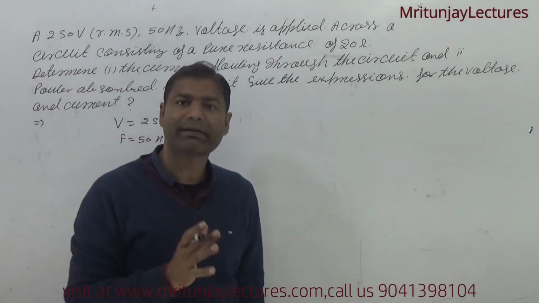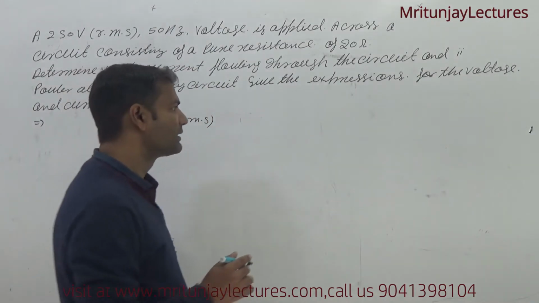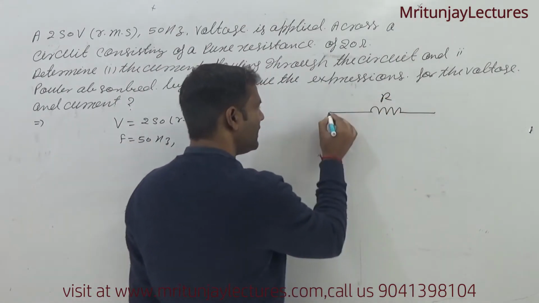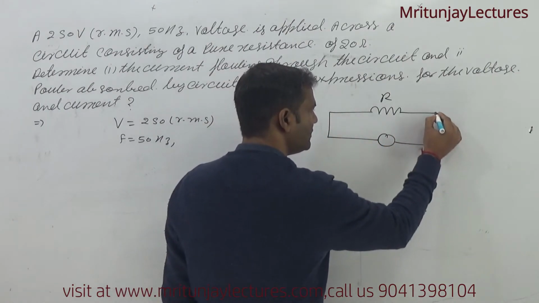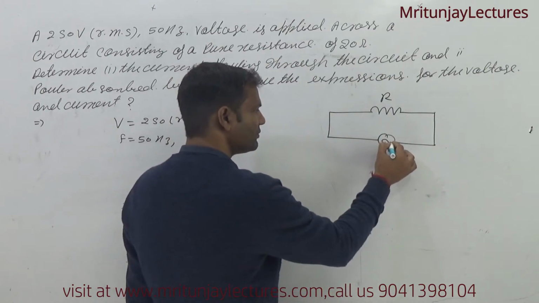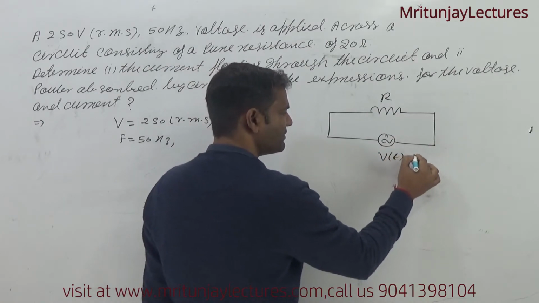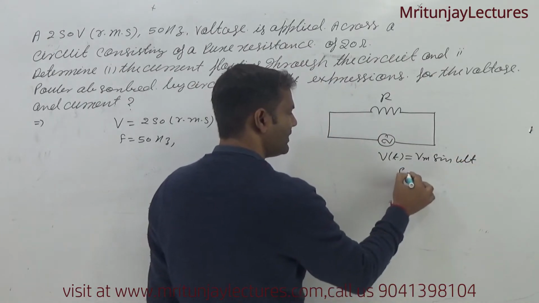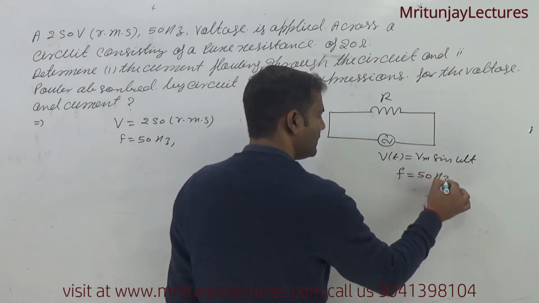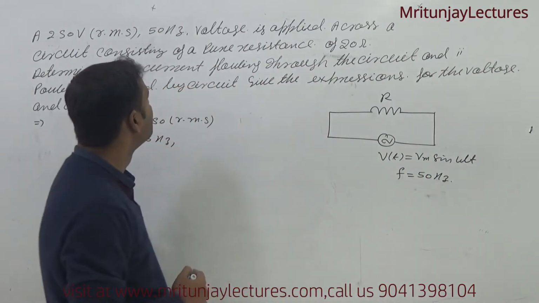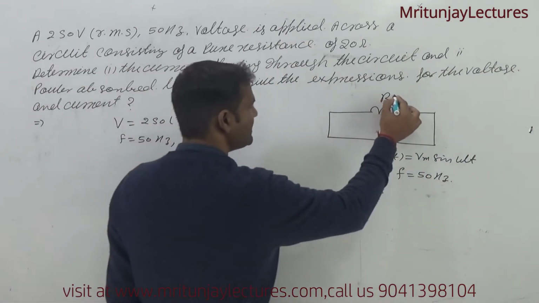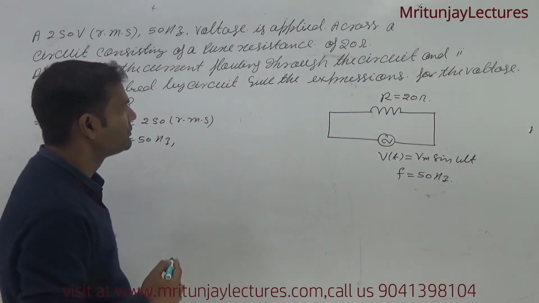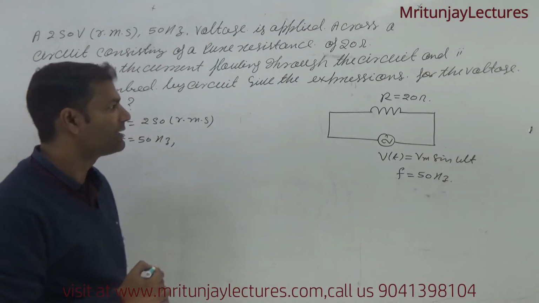If you write the voltage expression, it is Vm sin omega t, and the frequency is 50 hertz. The pure resistance is given as 20 ohm. Determine the current flowing through the circuit. First of all, our motto is to determine the current.